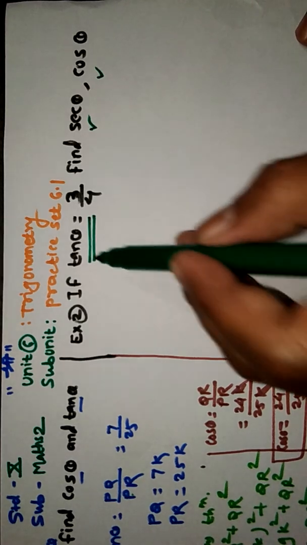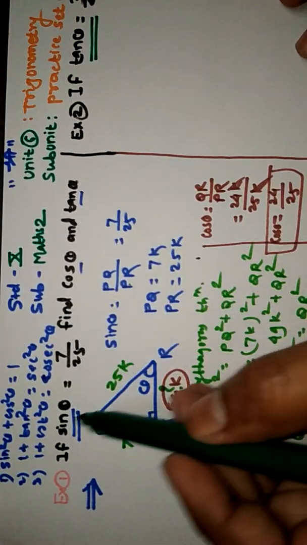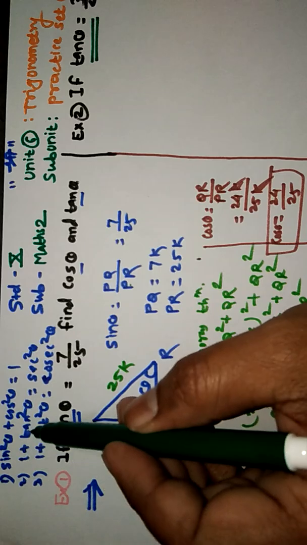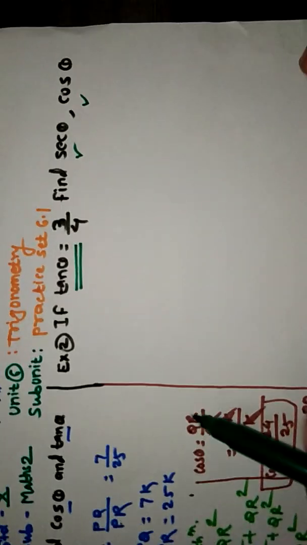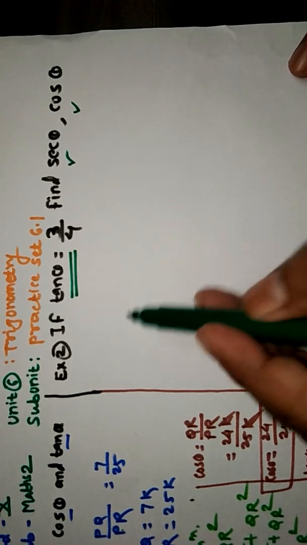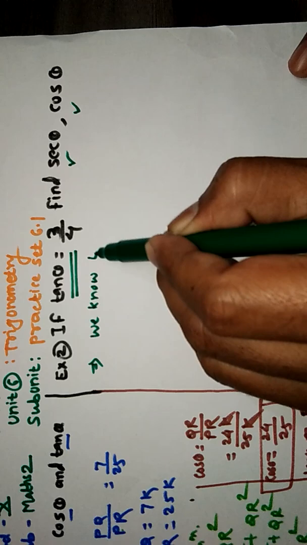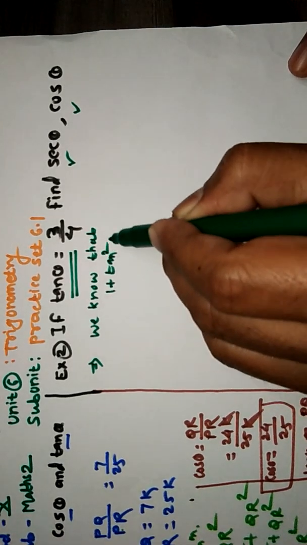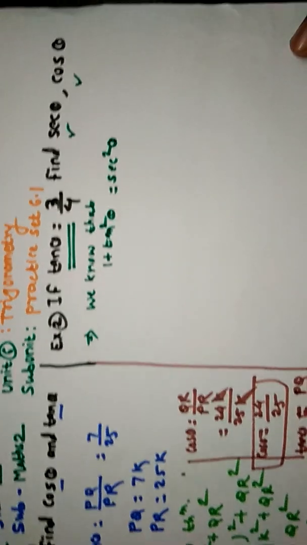How can we solve? Use the identity. See here, the identity between tan and sec. 1 plus tan square theta is equal to sec square theta. Use this identity and then find the value of sec theta. Here we write down, we know that 1 plus tan square theta is equal to sec square theta.